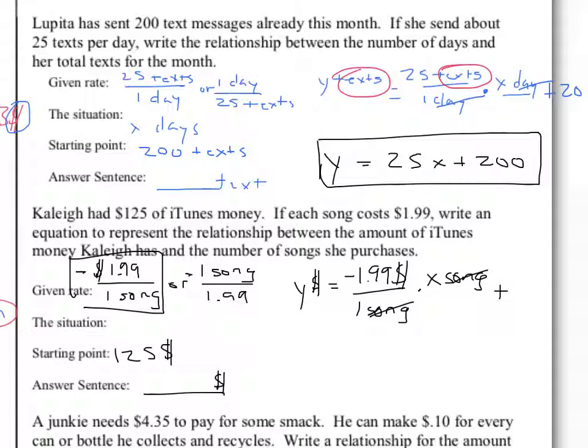How much money do we start with here? Samaya? Yeah, 125. So our situation here was X songs. We get Y is equal to negative 1.99X plus 125.